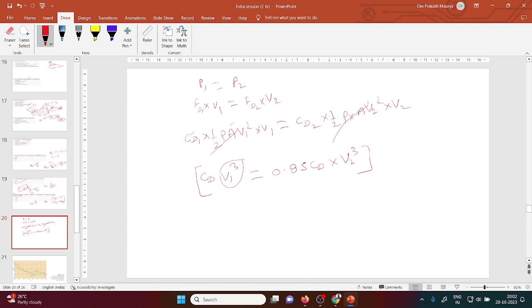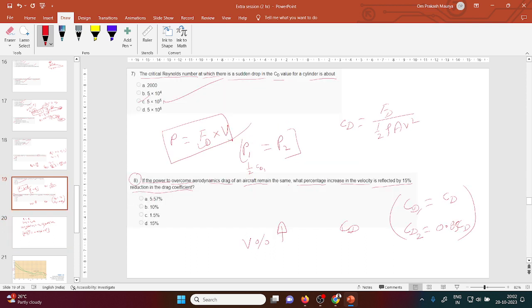Everything is in multiplication, so there is no need to multiply further. Okay, so your half rho A is cancelled. The question is what percentage increase in the velocity, right?